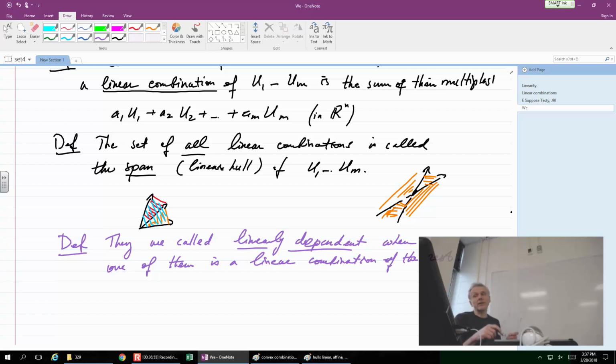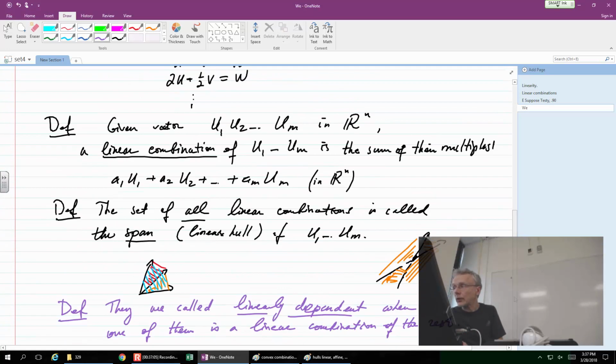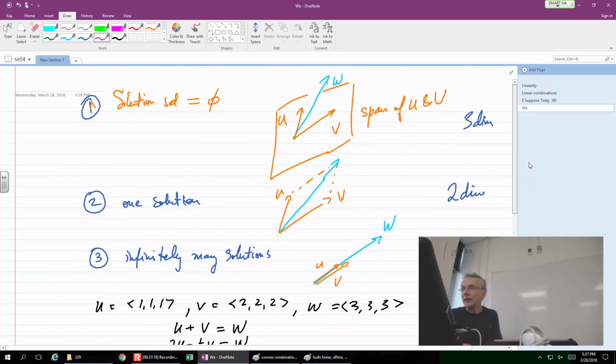So that's fairly simple for dimension 2. Dimension 3 is more complicated because the picture is here. In other words, is there a way to solve that system of linear equations? Suppose we have three vectors. Can you express one in terms of the other two? It means, can we solve our system of linear equations like this?